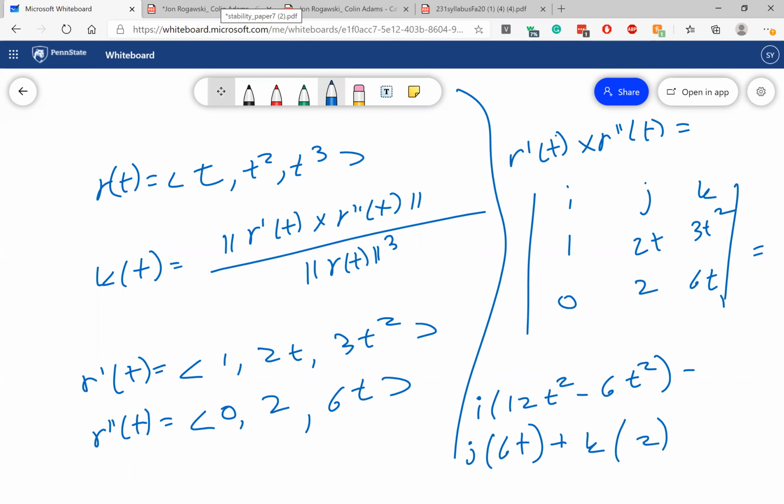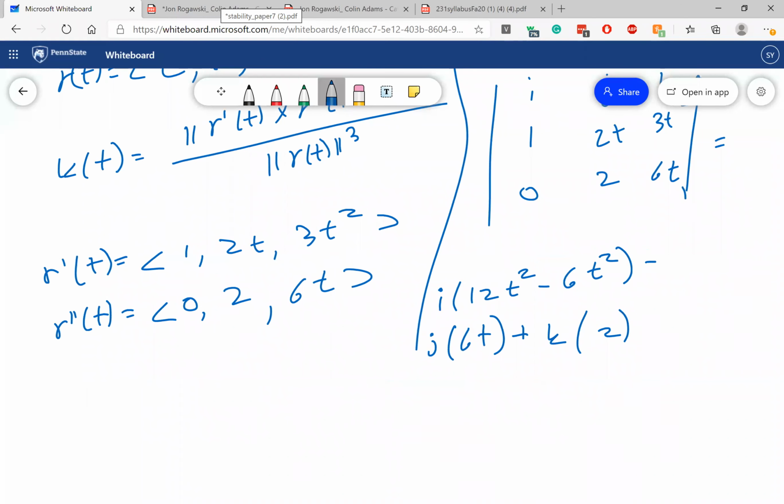And so this is equal to the vector 6t squared, negative 6t, and 2.